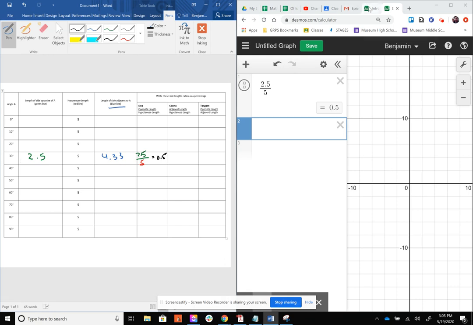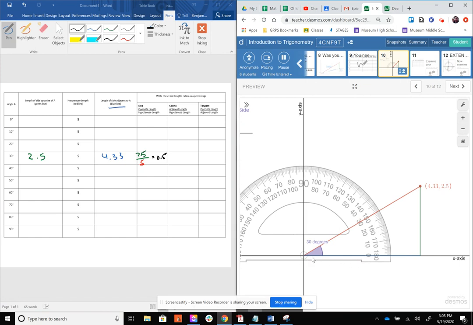Okay, so opposite over hypotenuse, 0.5. All right, now let's keep this up. So now I'm looking for the adjacent length, and adjacent means next to, touching. So I've got my 30 degrees right here, and I've got this adjacent length right here. Adjacent meaning touching. So 4.33 divided by my hypotenuse, which is 5.